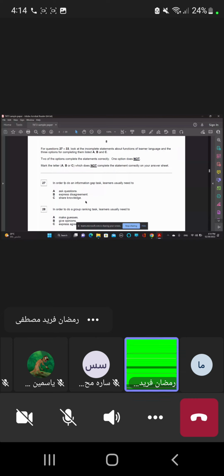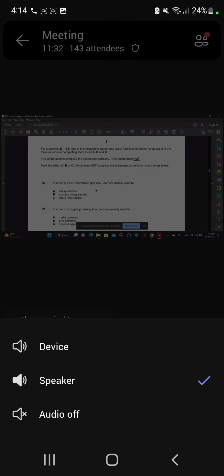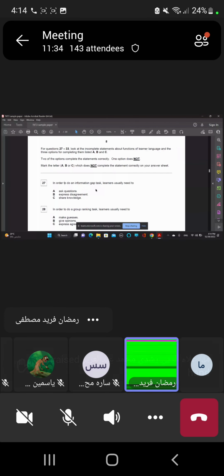Come on, read it. We covered information gap in the chapter on teaching speaking. Read it and tell me which one is not the correct answer. In order to do an information gap task, learners usually need to ask questions.